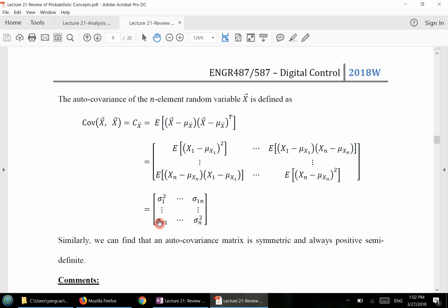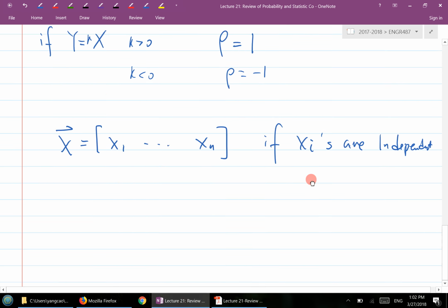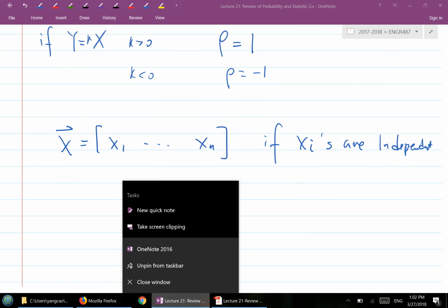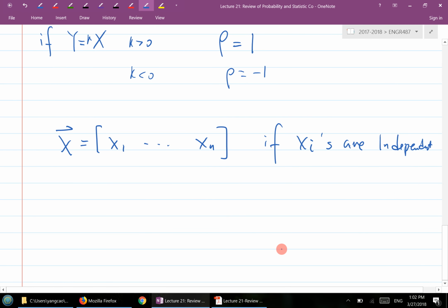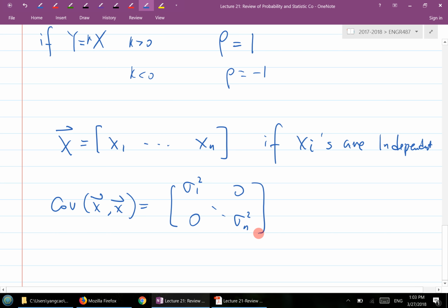So this matrix will become just the covariance of x, simply the diagonal matrix now.